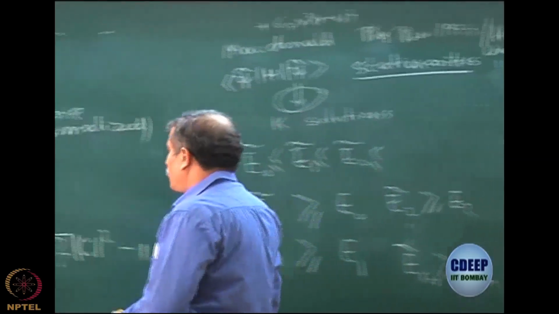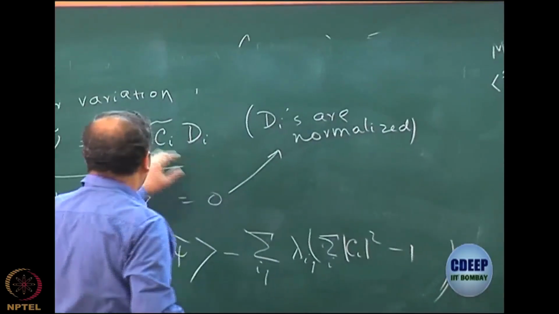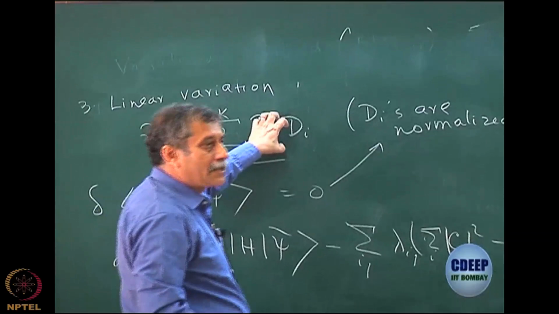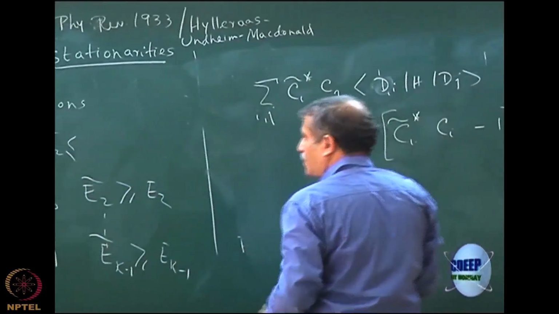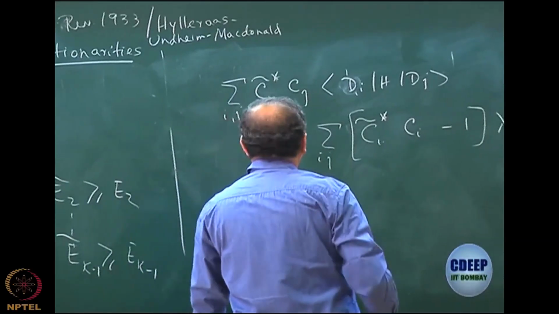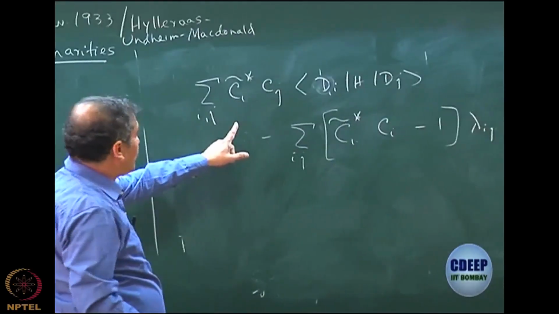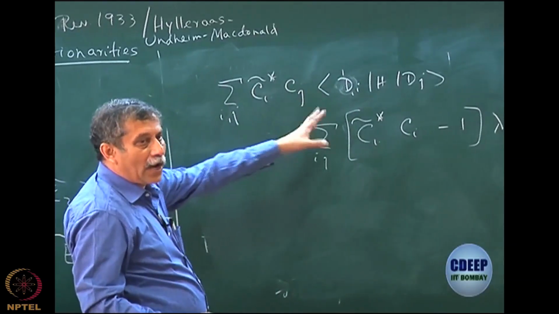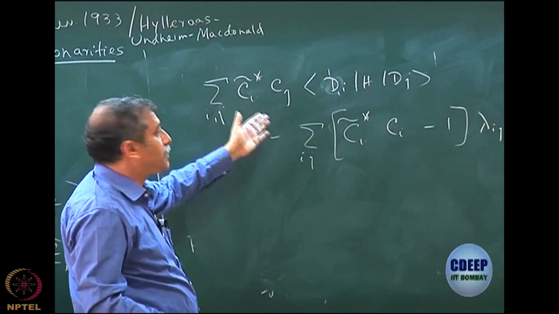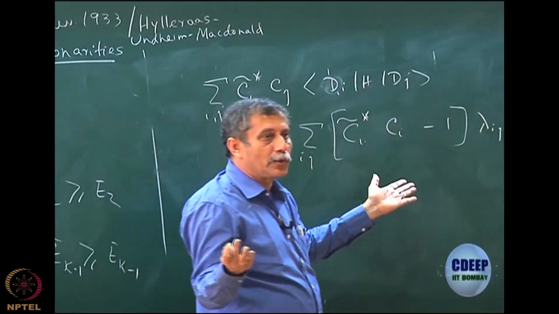Because obviously I told you that if these are orthonormal, essentially the condition is that the square of this must be equal to 1. Okay, so ci star ci. All right, so now what I do, I vary ci star, first order variation, and then find out what the change is. Or I can actually differentiate this expression with ci tilde star. Either way it is okay.